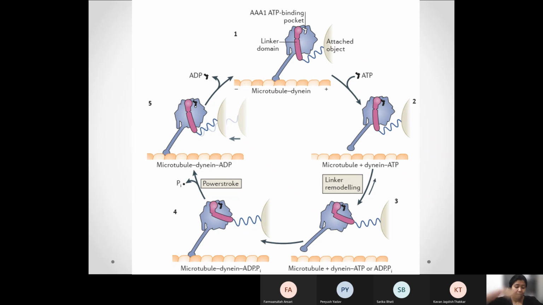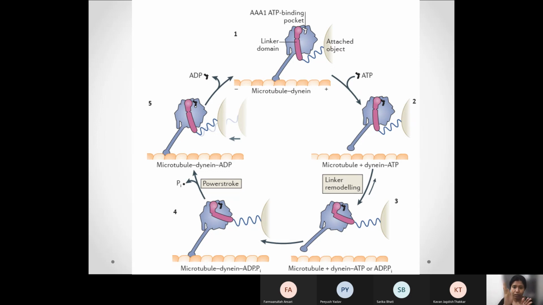And the binding on the microtubules, as I said, is not symmetric. So if you have these two dynein arms that are walking on the microtubule, the two arms are walking on two different protofilaments. There are 13 such protofilaments in a typical microtubule. You imagine two parallel protofilaments, and the dynein arms are walking on two parallel protofilaments.